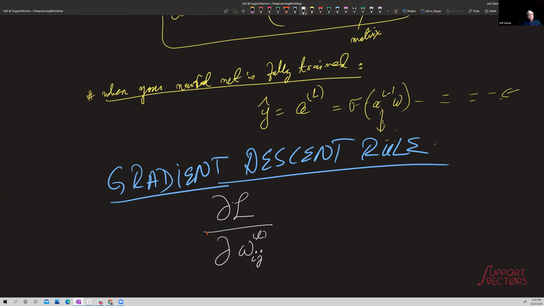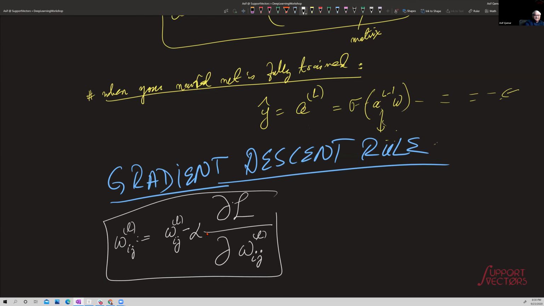Now, if I know that, then in that layer and for that weight, I can make the adjustment. The next value is the previous value minus alpha. What was alpha, guys? Learning rate. It is the learning rate, right? So the only thing we need to know is, let us figure out a way to compute these changes layer by layer.